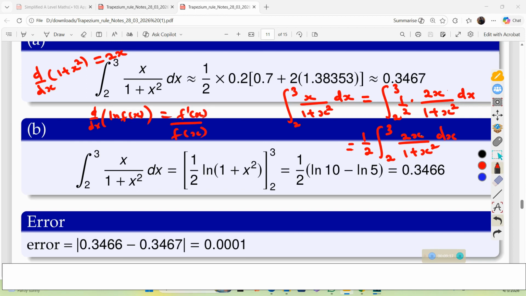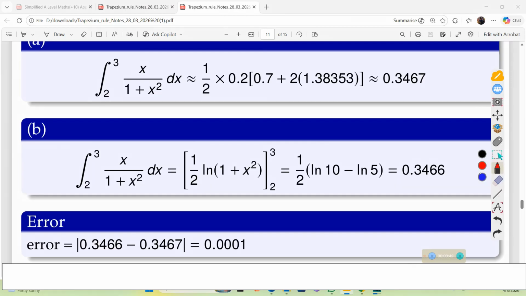So since this is the derivative of this, what we shall obtain will be a half ln of 1 plus x squared. So this one here, then you put your limits from 2 to 3. So when you put your limits from 2 to 3, then you should be able to get this expression. Okay, so that is basically what we shall have.